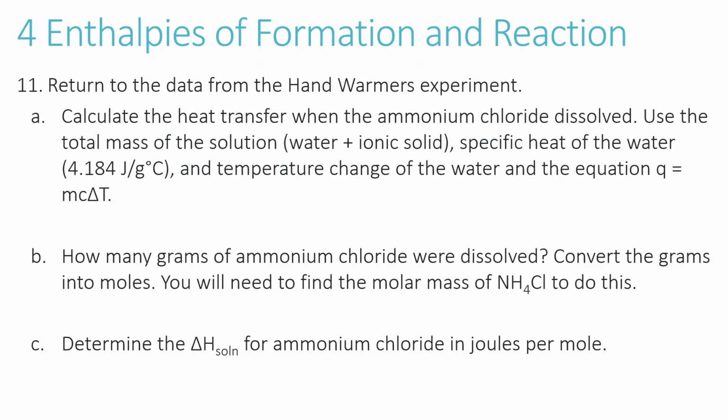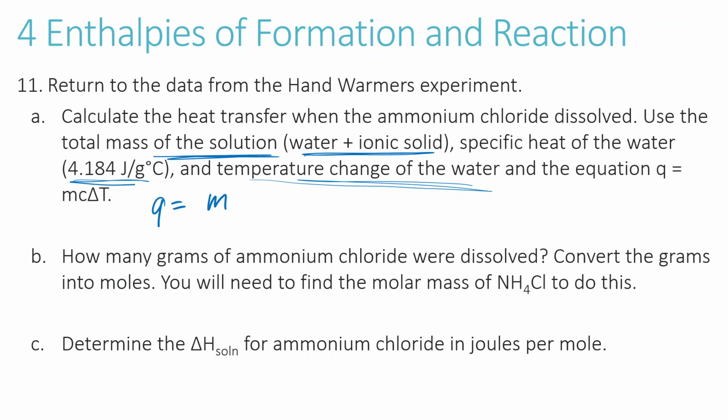Now for number 11, you're going to need to look at the data that you collected in classwork 1 for the hand warmers experiment. First, you're going to calculate the heat transfer when ammonium chloride dissolved. You're going to need to use the total mass of the solution, which means water plus solid, the specific heat of water, and the temperature change of the water. Q is what you are solving for.